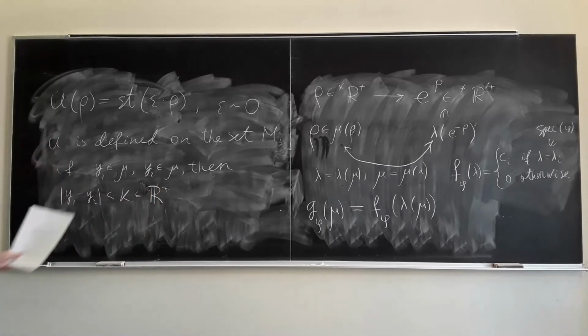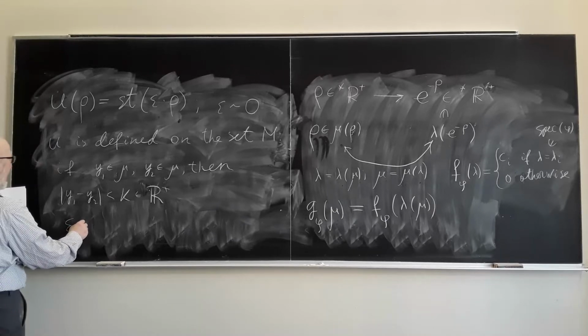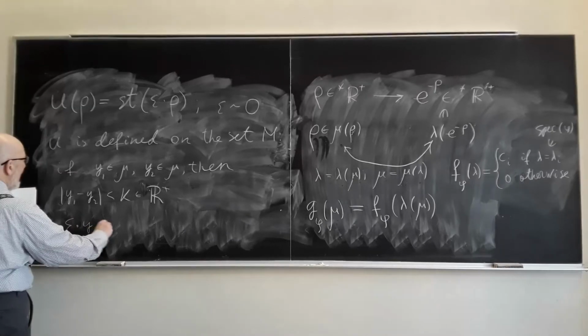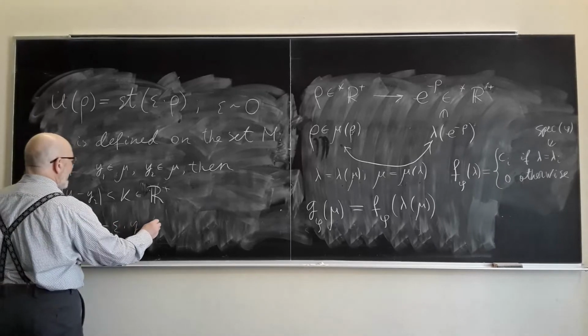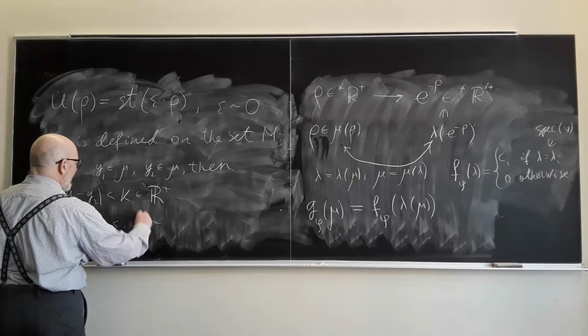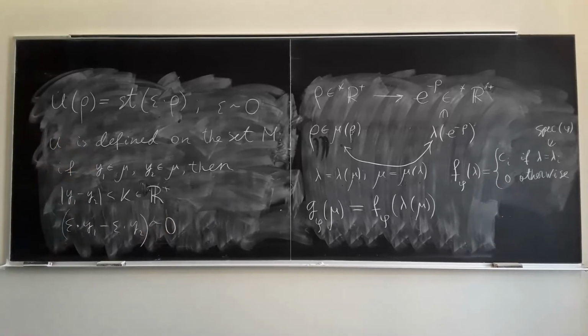So epsilon times y1 minus epsilon times y2 is infinitesimally small, yes, because it is an infinitesimal times a bounded number.